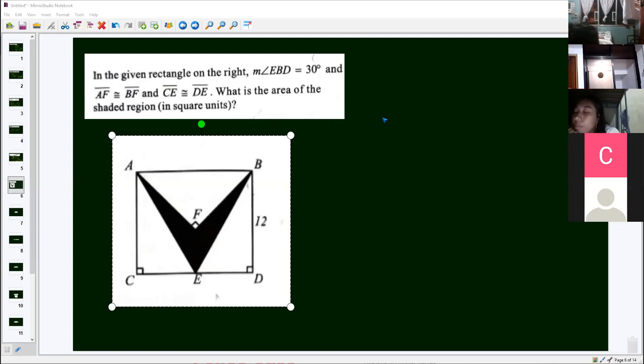Kapag pares mo ng sagot si Ophelia, maniniwala ako. Oops, may parehas na sagot. Si Rain. Blay, malayo. It's not a square, guys. It's a rectangle.